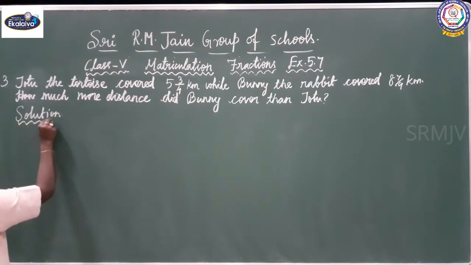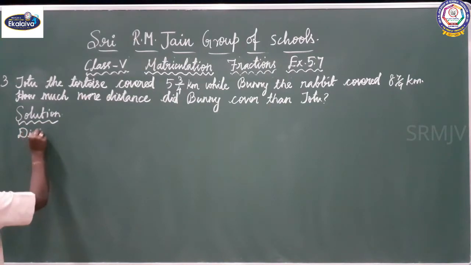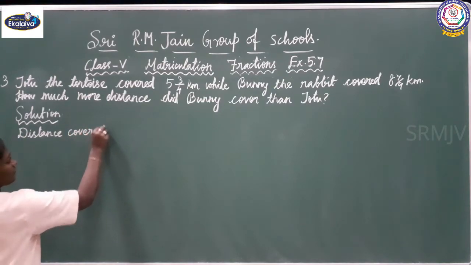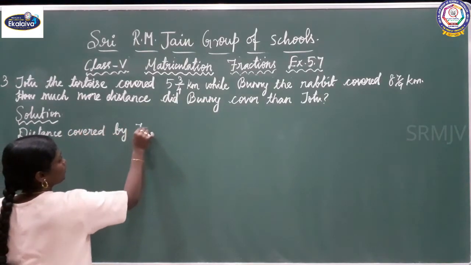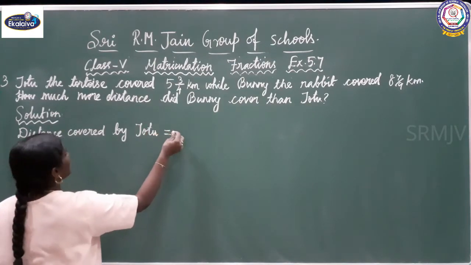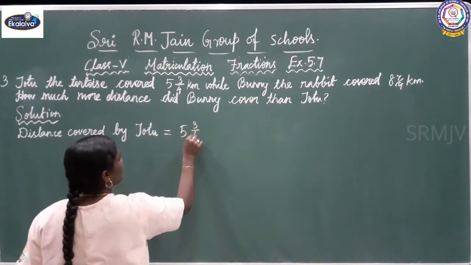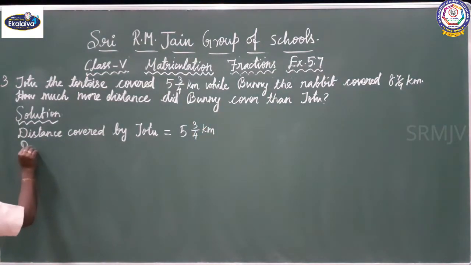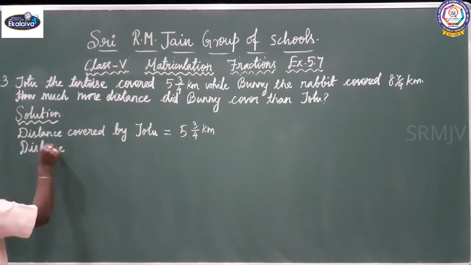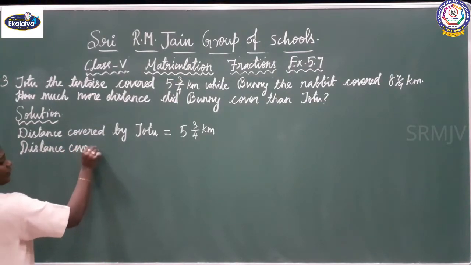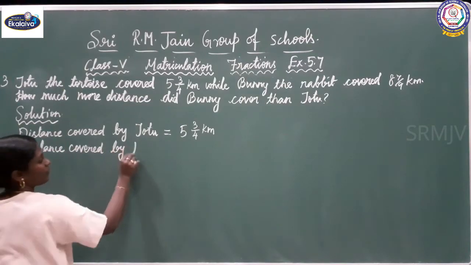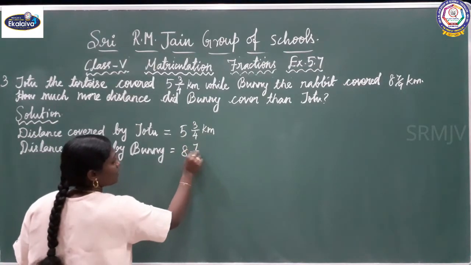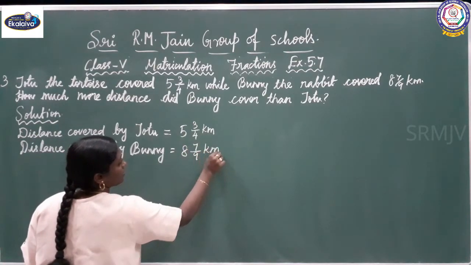Solution. Distance covered by Toto is 5 3 by 4 kilometer. Distance covered by Bunny is equal to 8 7 by 9 kilometer.